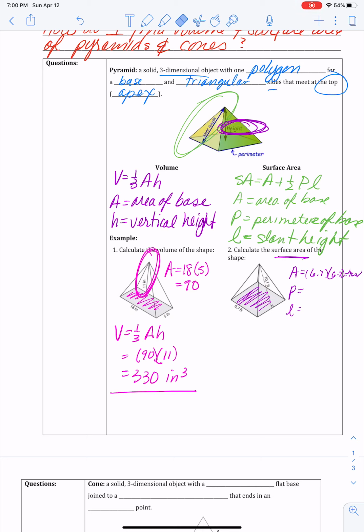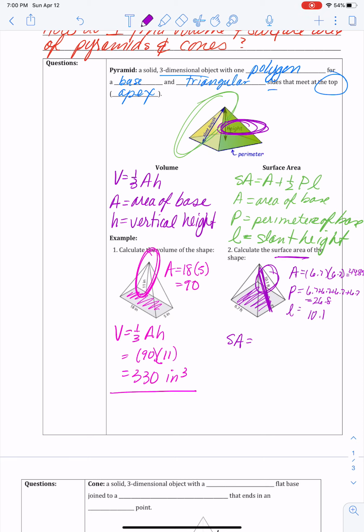Let me erase that and try again. That's 44.89. The perimeter is 6.7 plus 6.7 plus 6.7 plus 6.7, which is 26.8. And our slant height is this height of the triangle on the side, and that is 10.1. So now I can just plug it all into the formula.